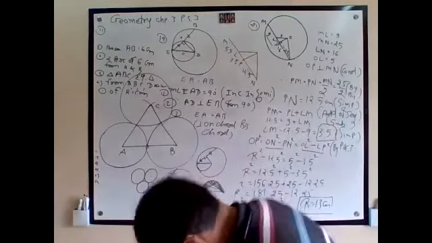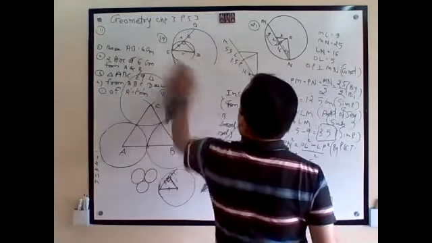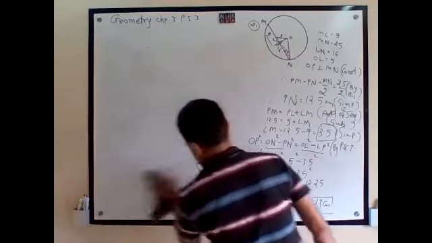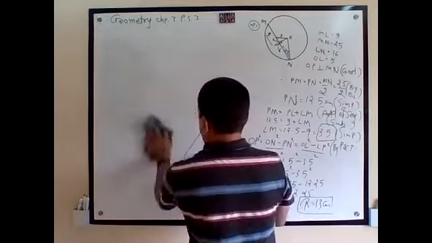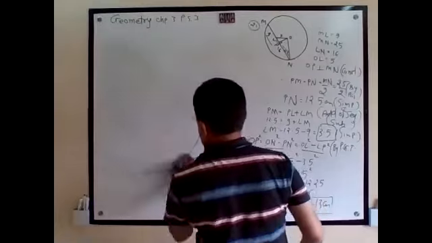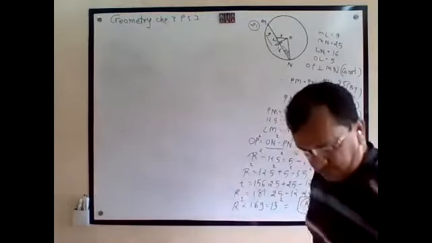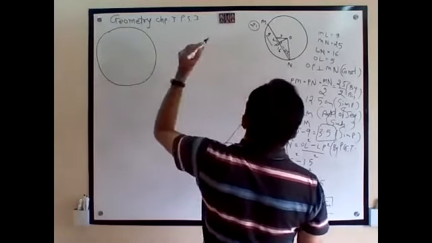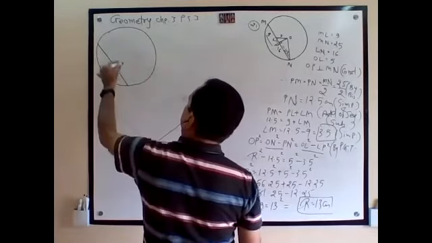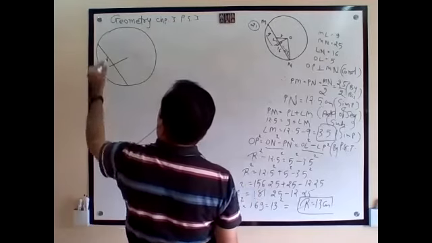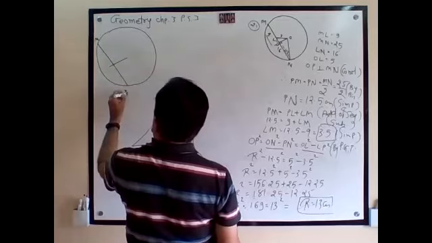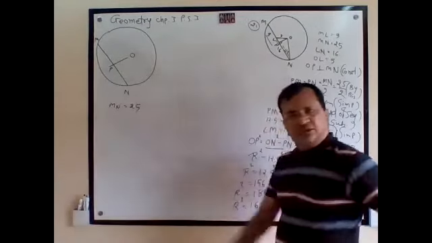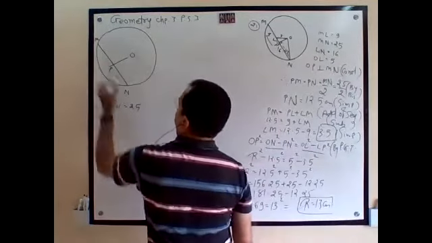I am explaining again fully. Don't worry. M, N, O, this is P. If MN is 25, full MN is 25, it is drawn perpendicular, so both are equal.